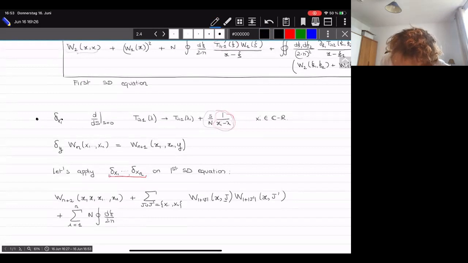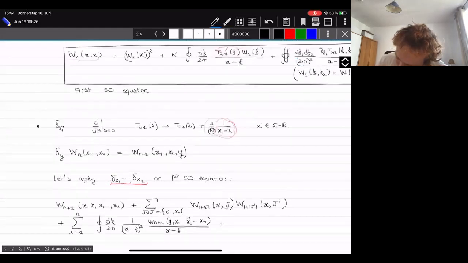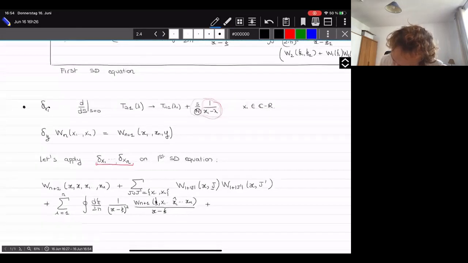So the derivative with respect to lambda of this T01, this is 1 over x minus, and then you replace lambda by xi, so it's x minus xi squared. And then you would have the Wn plus 1 xi and the x1 xn, where you don't take the xi here, divided by x minus xi. And there's a 1 over n here, so it cancels this step. So that's one term.